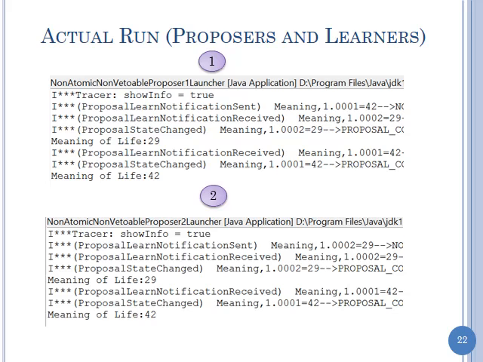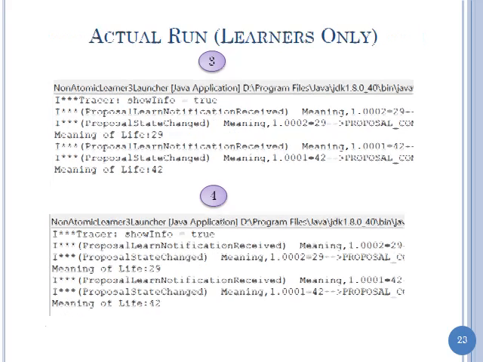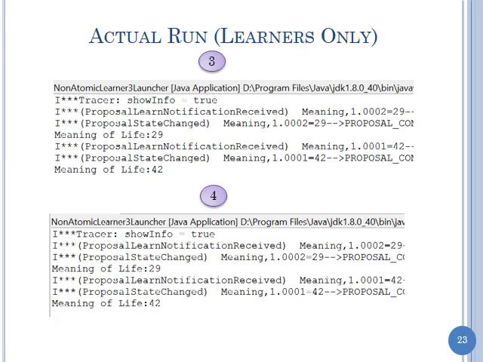Okay, so they're both 42. And the other 2 sites, they don't send any learn notifications, they only receive learn notifications, and 42 comes later. So we ultimately have the correct consensus state, which seems to say that 42 is the right value, right?